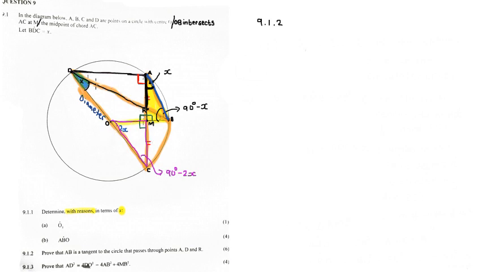Then if you look at the overall triangle, we can look at the sum of the angles of the triangle DAC to calculate this angle D1.